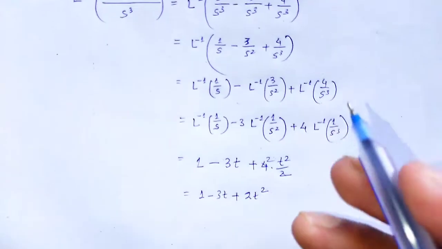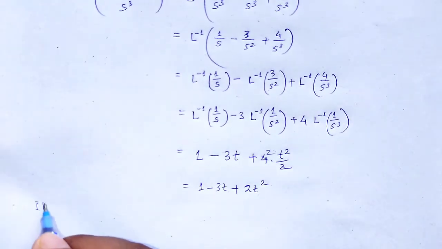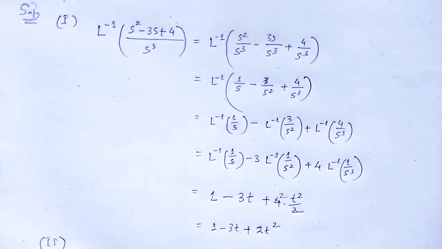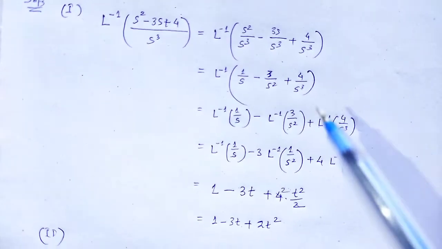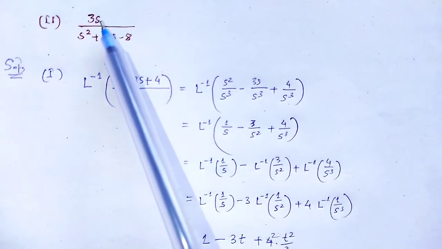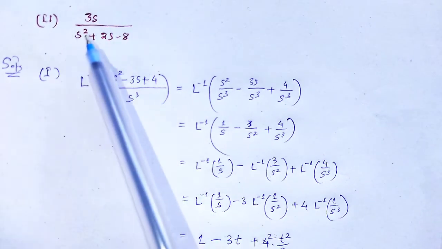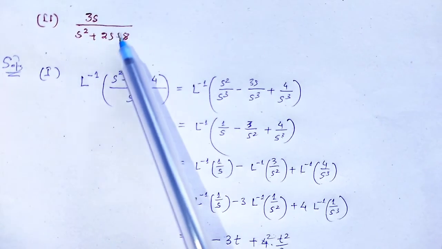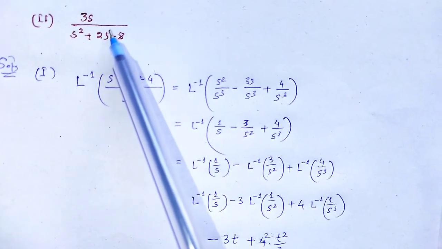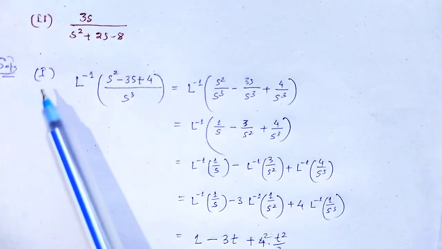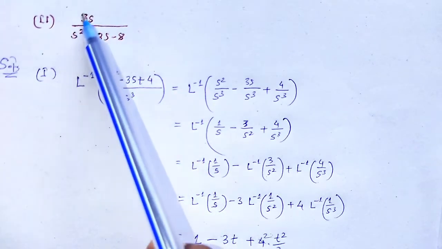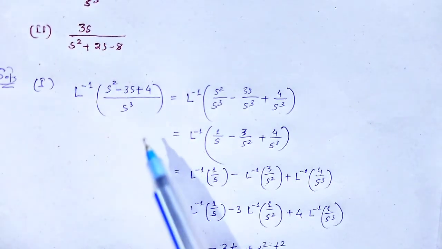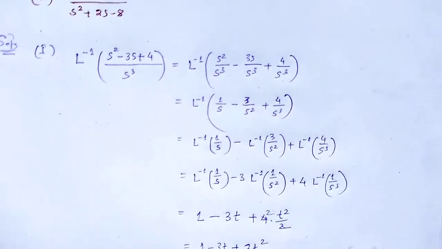Next question we can be solved. If that function is in the form of p as a function of s divided by q as a function of s, p by q form, and p and q are polynomials in s, in that case we use partial fractions to solve that kind of inverse Laplace transform problem.